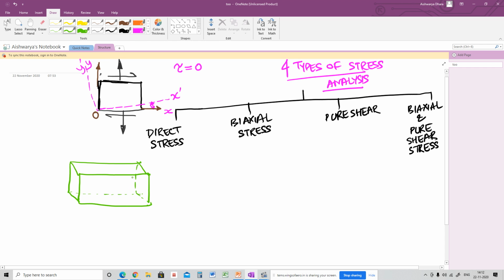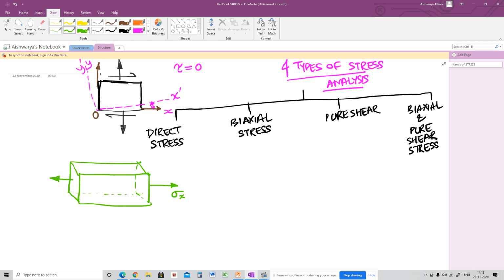Direct stress means there will be a unidirectional stress condition. That means the force or load acting will be in only one direction, either the x direction or the y direction. It should be in any one of the directions. Suppose the load acting is in one direction, let's consider along the x direction.